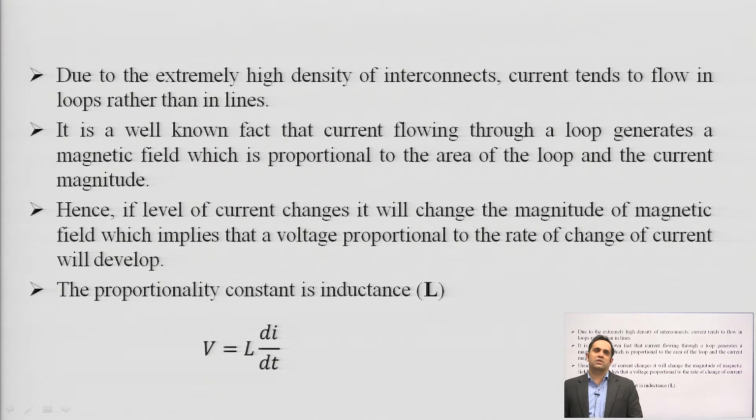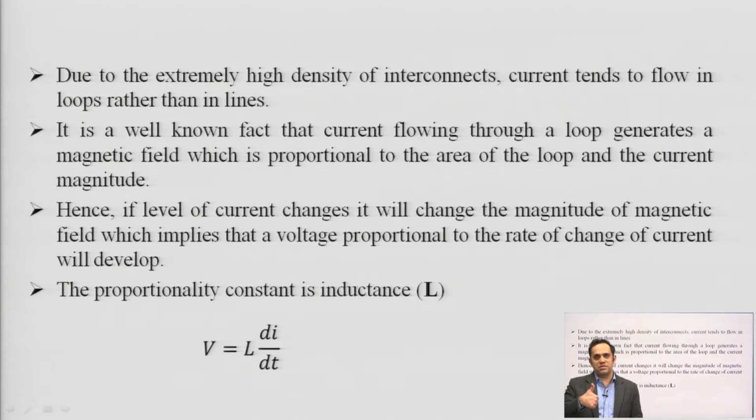So, let us try to get some of the basics right first. Inductance by itself is a characteristic of a conductor, which basically tells us how much back EMF or electromotive force it is going to generate when it is subjected to an electric current. We already know that when current flows through an electrical conductor, it generates a magnetic field. The direction of this magnetic field can be understood by the right hand thumb rule.